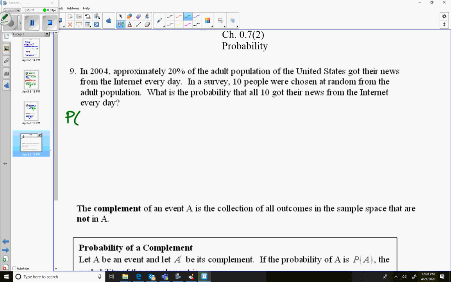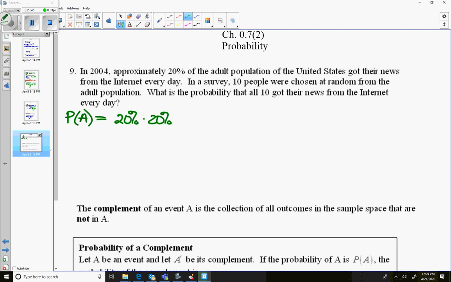So the probability of our event, calling it A just at random, they surveyed 10 people. What's the probability that the first one got their news from the internet? 20%. That's 20 out of 100. So that is a probability. Now, what about the second person? 20%.